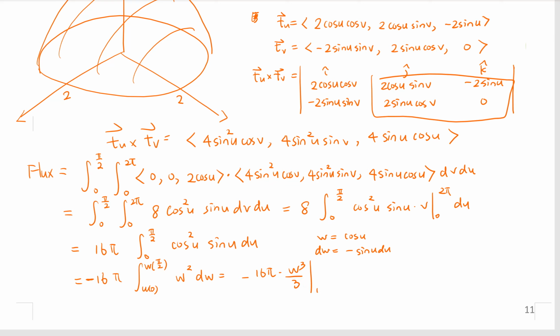Cosine 0 is 1. w of pi over 2, cosine pi over 2, is 0. So 1 cubed is 1, and the minus becomes positive: 16 pi over 3. So this is our answer. So far so good, everybody?